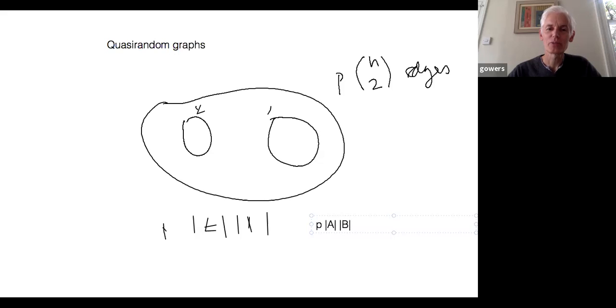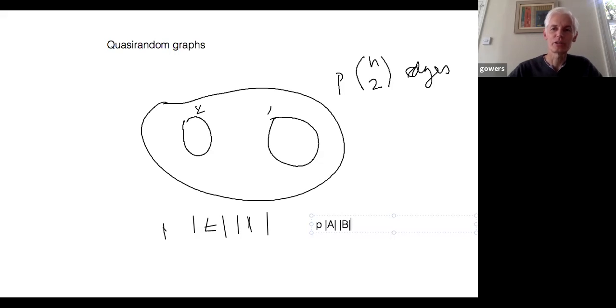A quasi-random graph is one for which that condition holds, i.e. for at least every reasonably large pair of sets A and B, you get approximately p times the size of A times the size of B edges joining them.